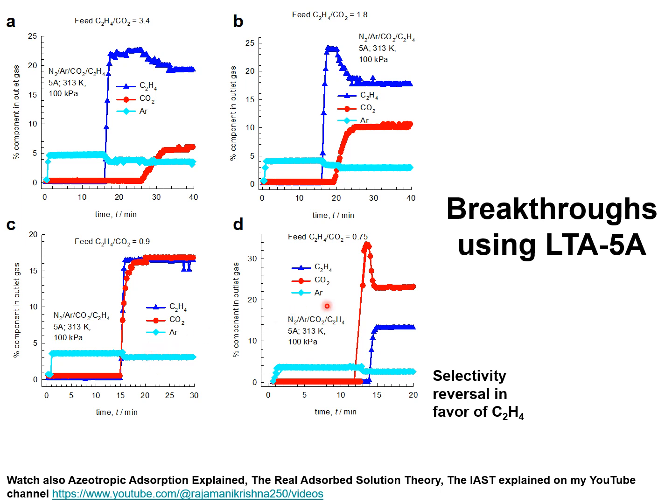If the feed mixture is richer in CO2 than ethene, we see that the component to break through earlier is CO2, and the component to break through last is C2H4.